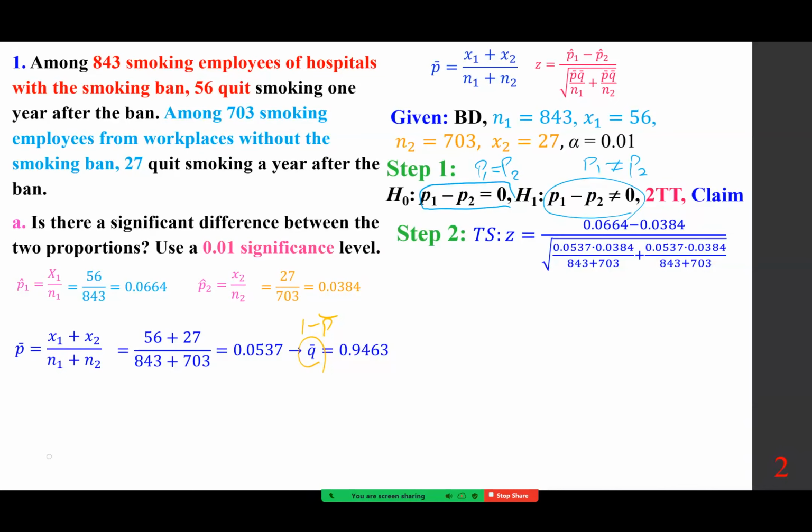Okay, class. Now we do the math. We end up with 2.4319.